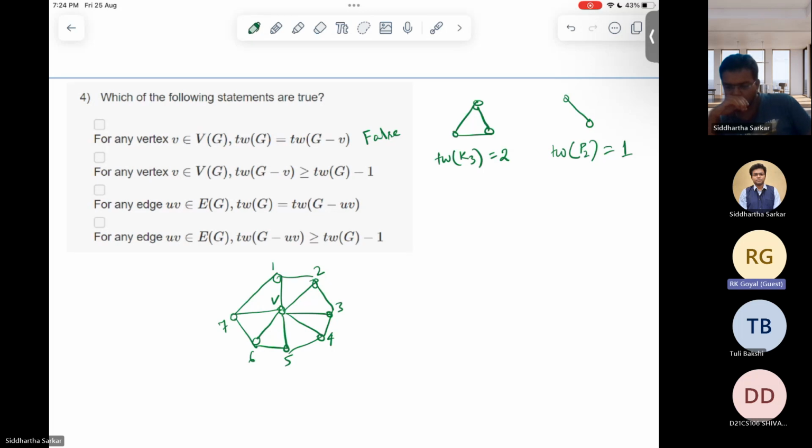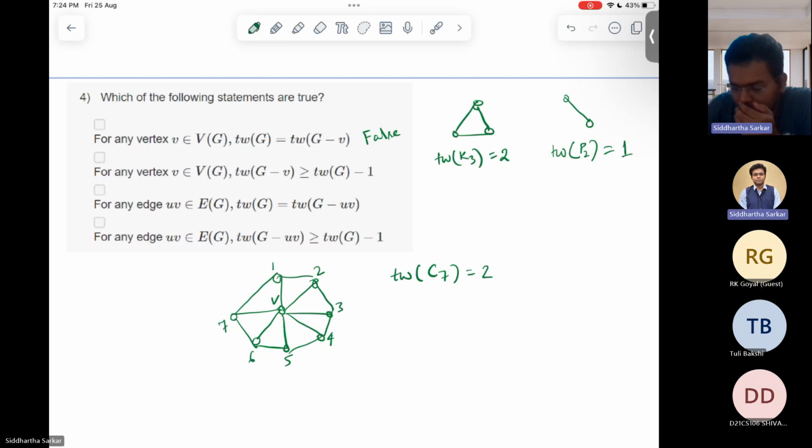In this case, the tree width is equal to say 2, because for this graph I consider the value of the tree width to be 2. And if I remove the central vertex from here, then the value of the tree width will come out to be 1, which follows this inequality.